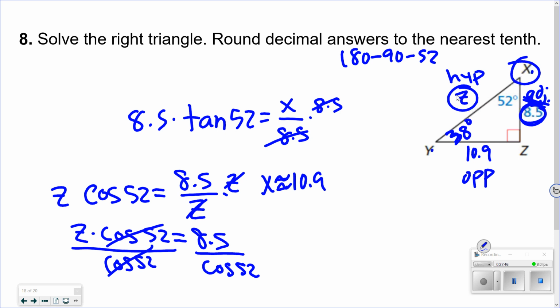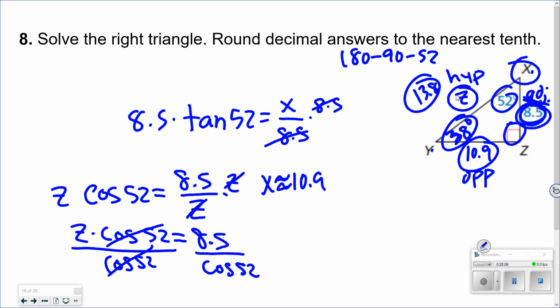So 8.5 divided by the cosine of 52 degrees comes out to be 13.8. So Z is equal to 13.8. Now I've solved my triangle. I know all three of my sides and all three of my angles.